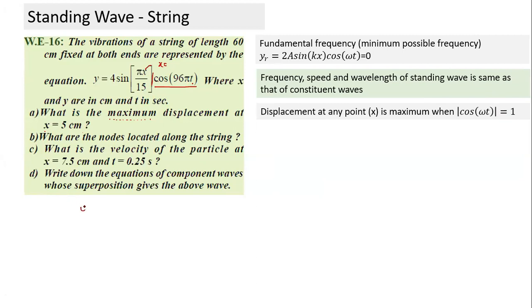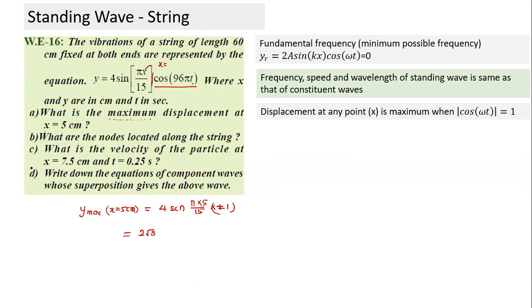So y maximum at x is equal to 5 centimeter will be equal to 4 sine of pi into 5 by 15 into 1 into plus minus 1. That's the value it has to have. And how much will that come to? That comes to pi by 3. 4 sine pi by 3, which is equal to 2 root 3. So this we can find.